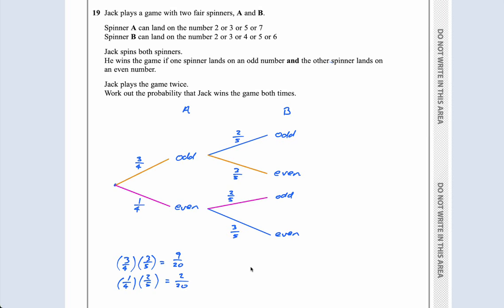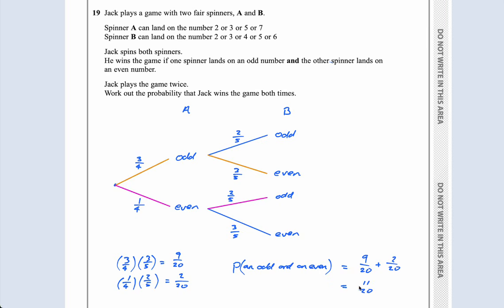And I need to add these two. So the probability of an odd and an even, whichever way it happens, is going to be this plus this, 9/20 plus 2/20, which is 11/20.